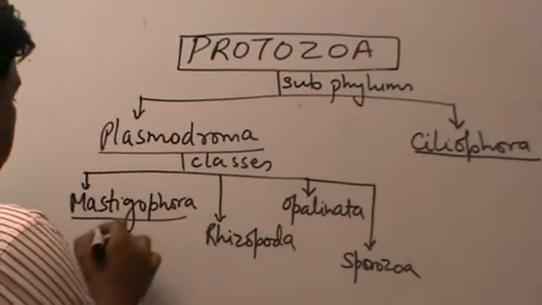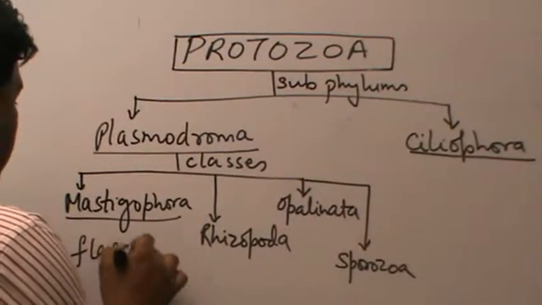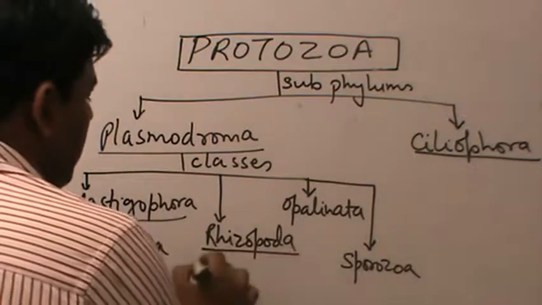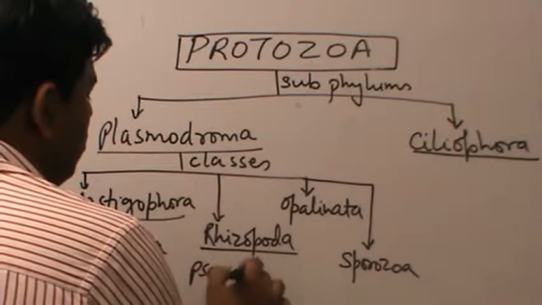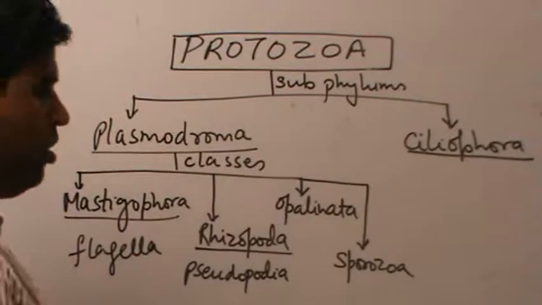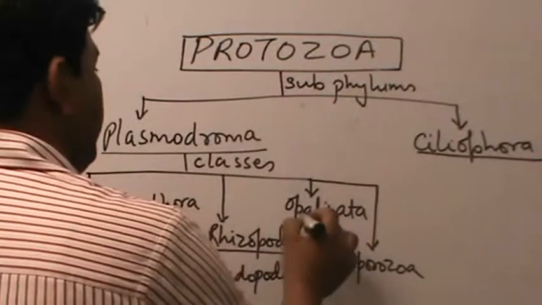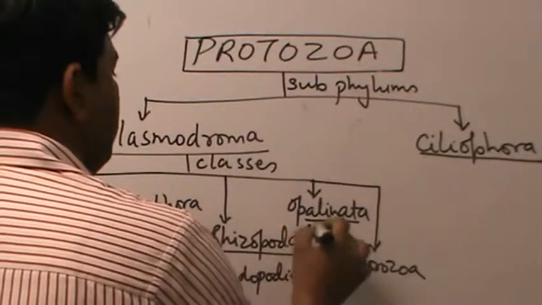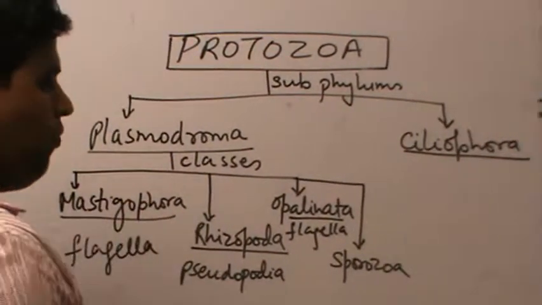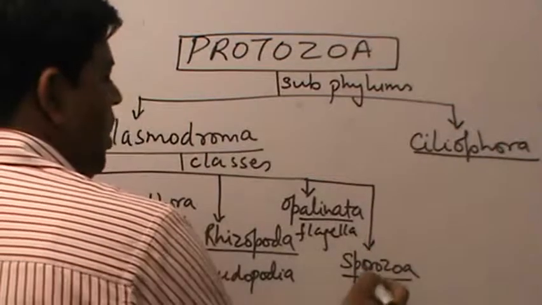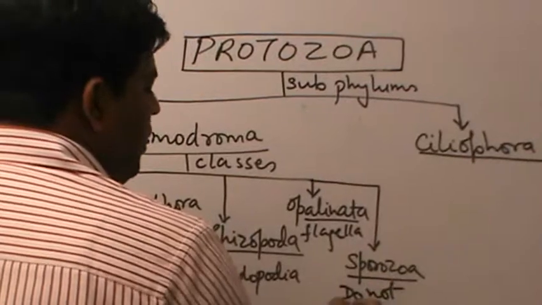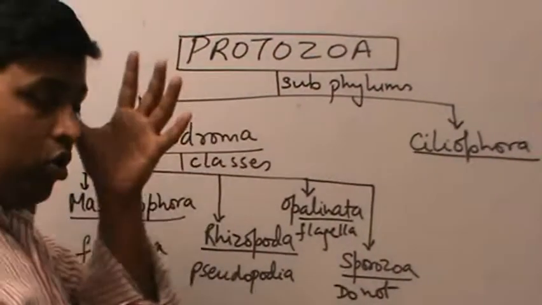Mastigophora have flagella as locomotory organelle. Rhizopoda have pseudopodia as locomotory organelle. Opellinata also have flagella, but these are smaller than those of Mastigophora. Sporozoa are devoid of any locomotory organelle.